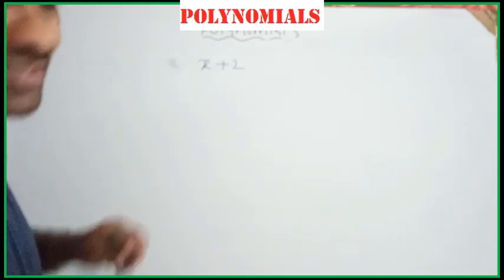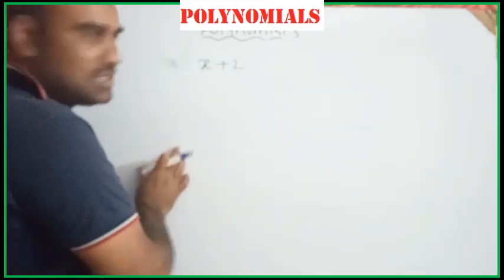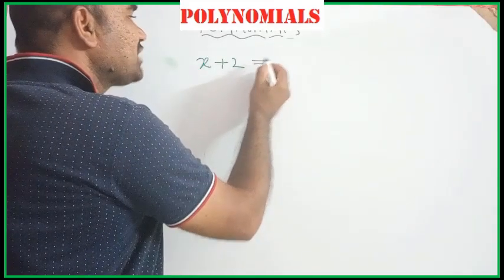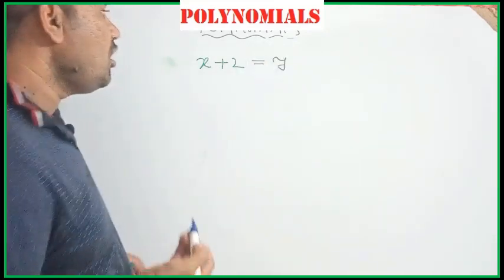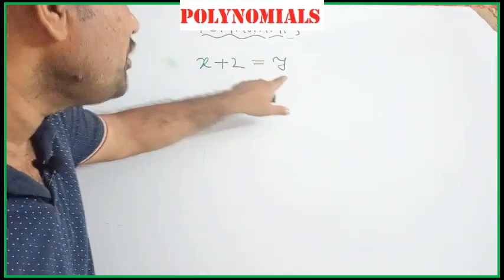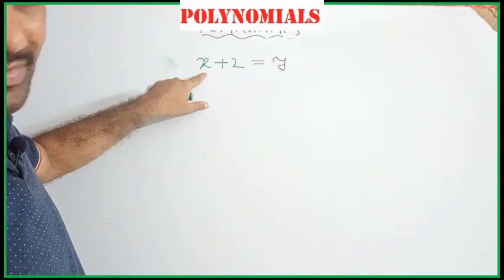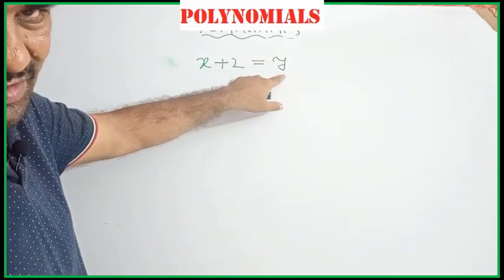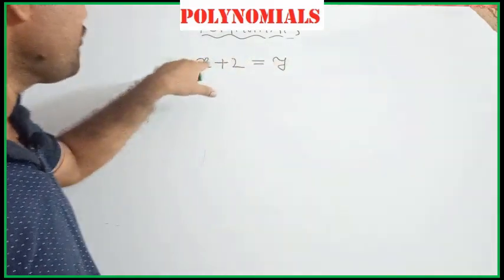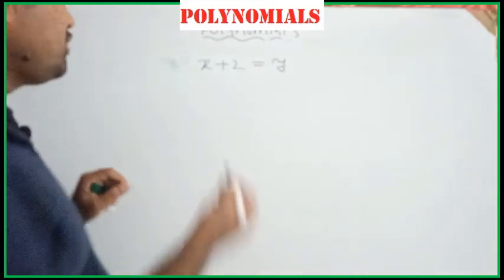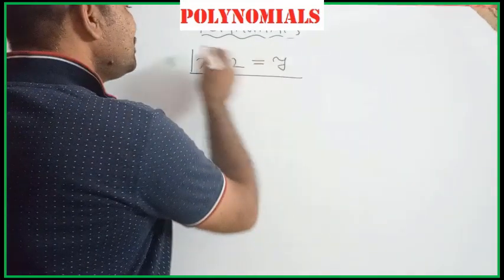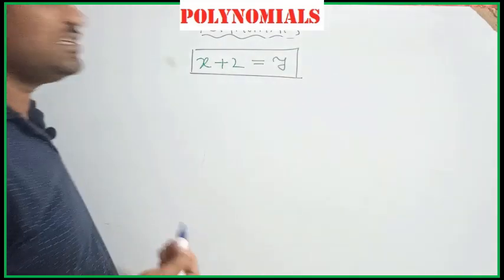As x changes, x plus 2 changes. Let the value of x plus 2 be y. Now I can say that the value of y depends upon the value of x, because here y is made the subject. Now two variables are there with us. This is called a linear equation in two variables.